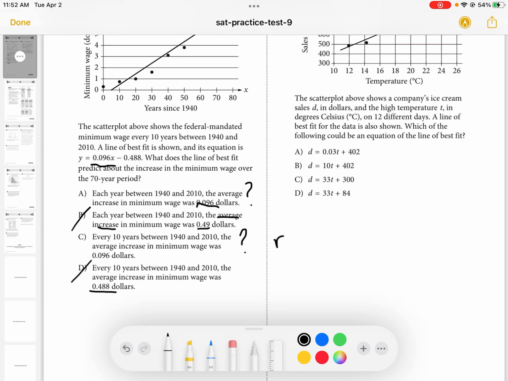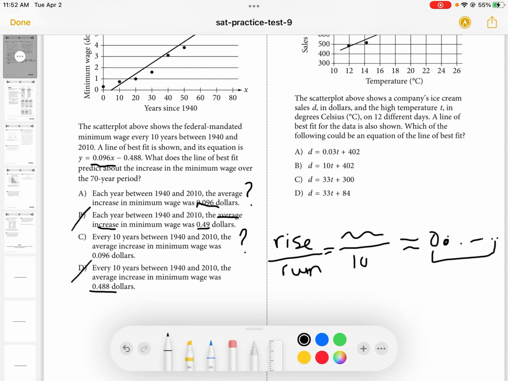Remember that the slope of a line is equal to rise over run, right? Since we're looking at rise over run, it'll be some number divided by 10. That'll give you a decimal.